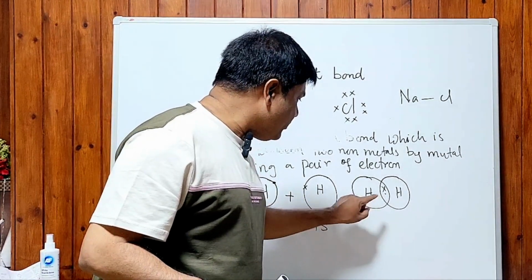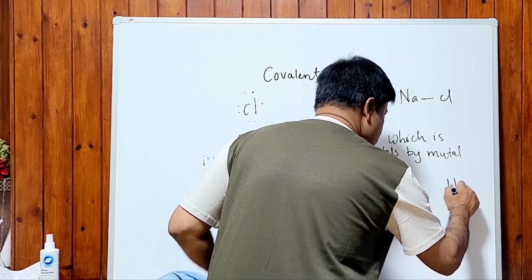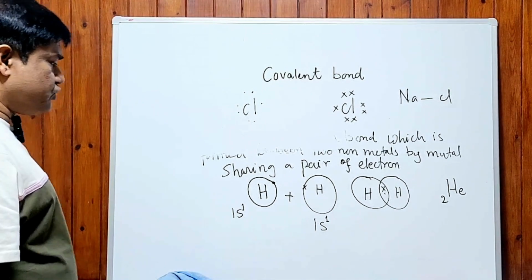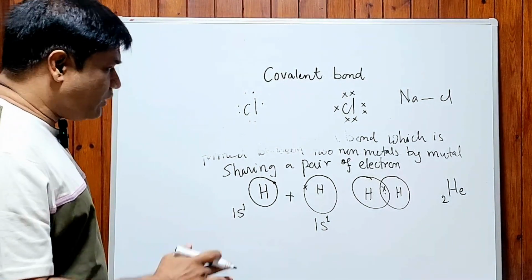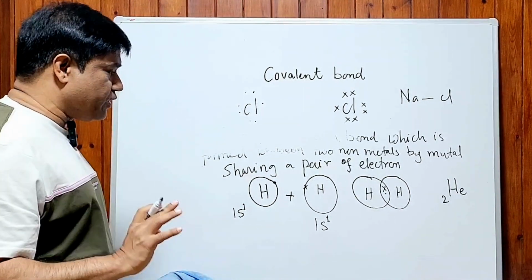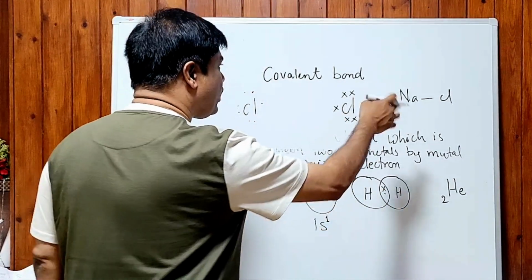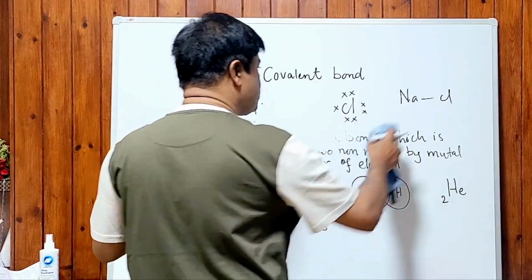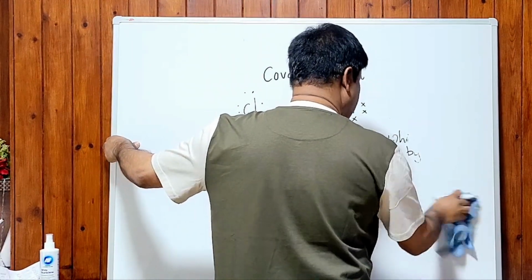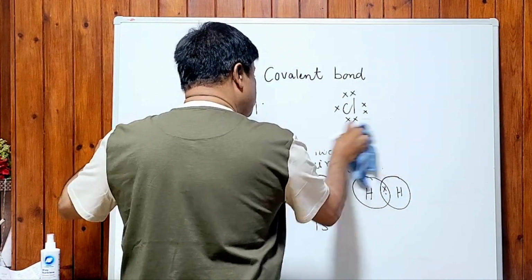They get the electronic configuration of helium. Helium has 2 electrons in the outermost shell. So the hydrogen molecule gets the electronic configuration of helium. That's the duplet electronic configuration. Except hydrogen and helium, the remaining elements have 8 electrons in the outermost shell, guys.